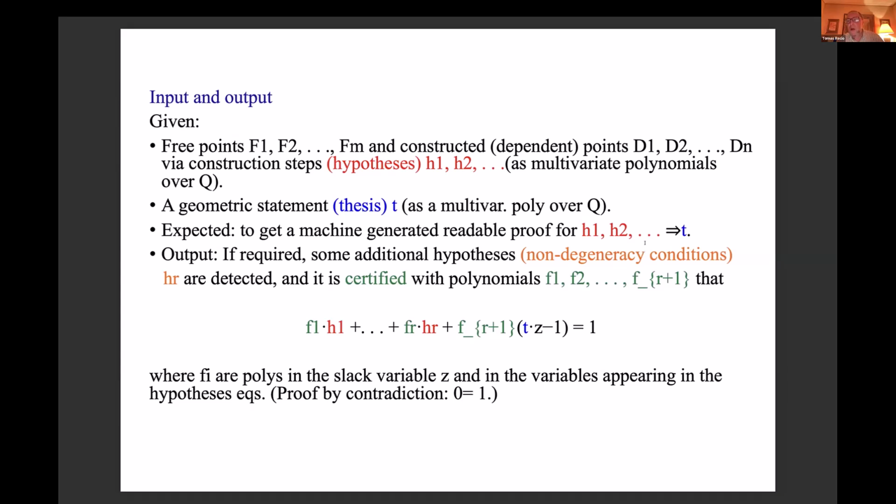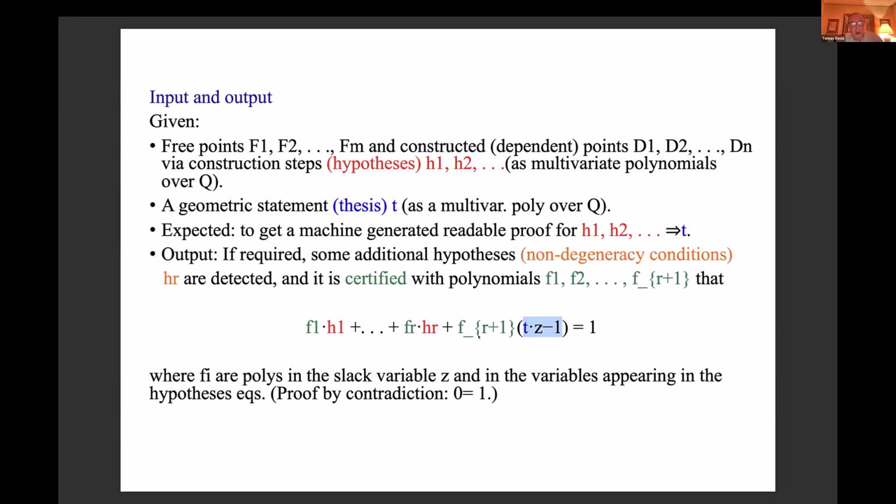Sometimes it's better to go by proof by contradiction. That is, if I take the hypotheses and the negation of the thesis, so t times theta minus 1 means that the thesis is negated, I want to show that this is empty, that there is no point in which the thesis is false and the hypotheses are true.